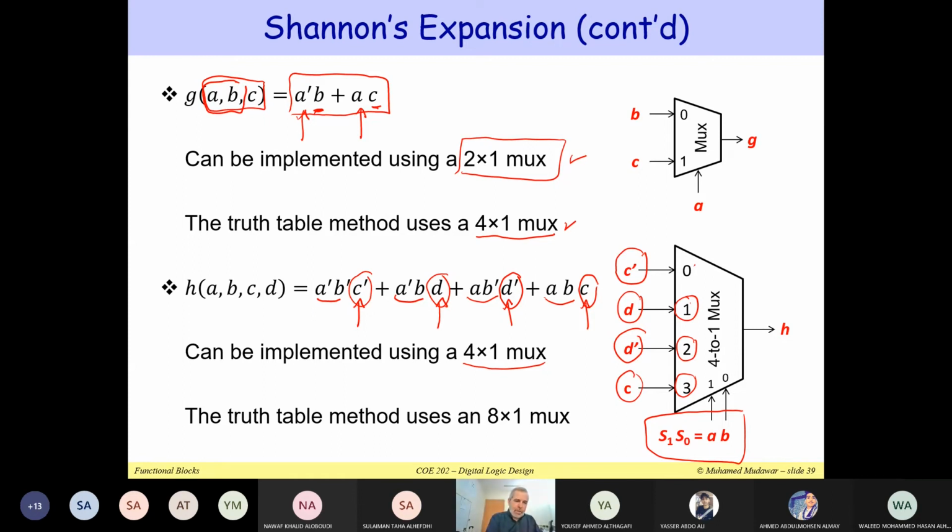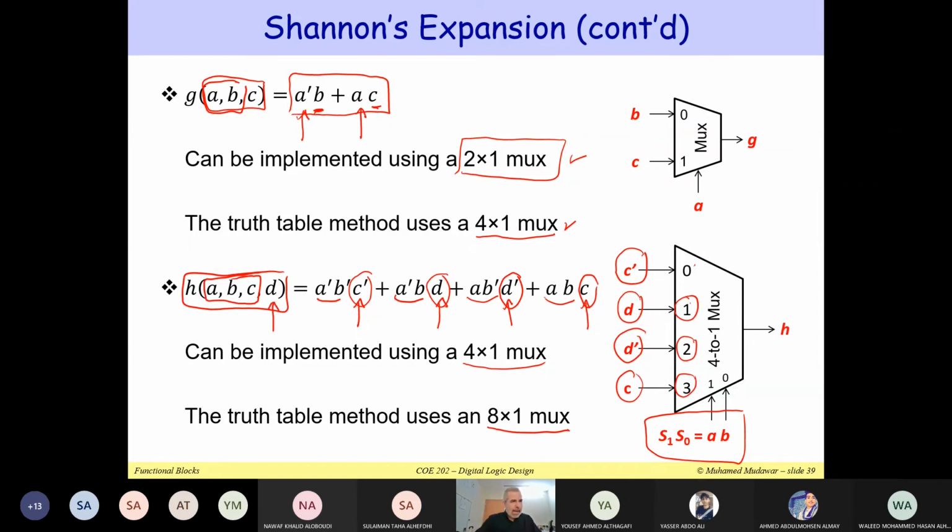Notice that this function is a function of 4 variables, A, B, C, and D. If I would like to use the truth table method, I would have chosen A, B, C as my select inputs. So I will use 3 select inputs. I will need a larger 8-by-1 multiplexer and use only D as my data input.